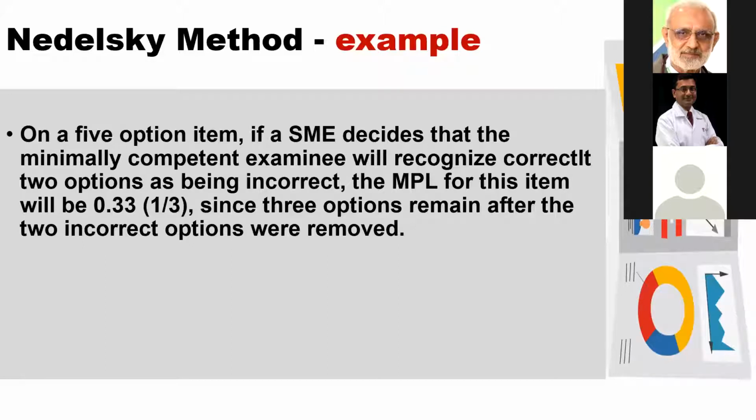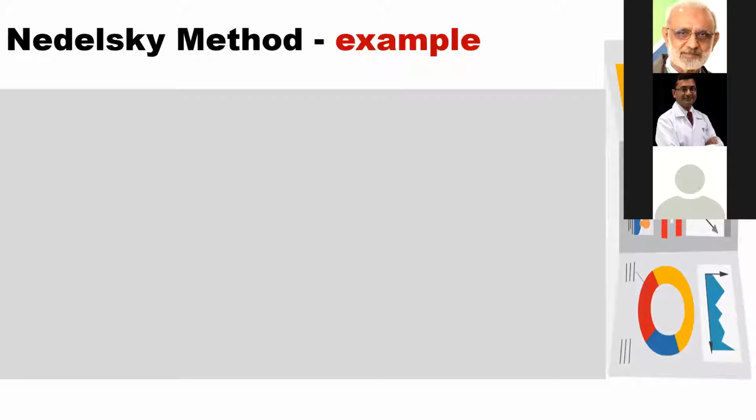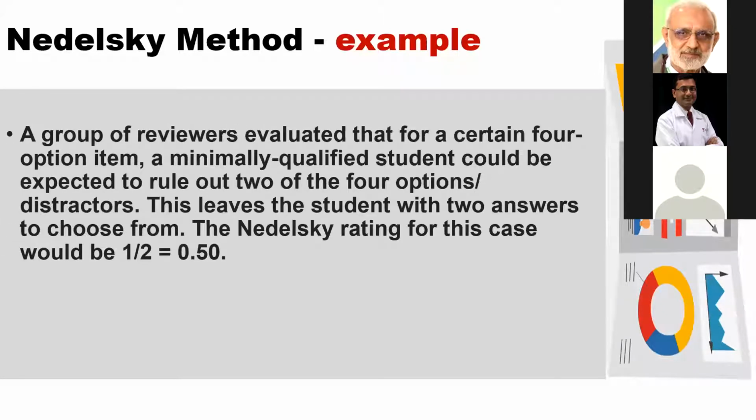So the candidate is left with 3 options to choose from. If the question has 4 options and a minimally competent student could be expected to rule out 2 of these 4, this leaves the student with 2 answers to choose from. The Nedelsky's rating for this case would be 1/2 or 0.5.